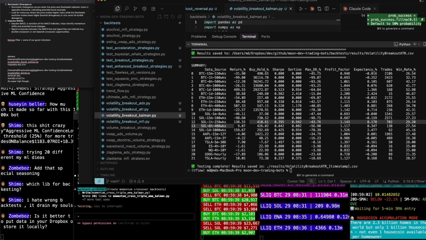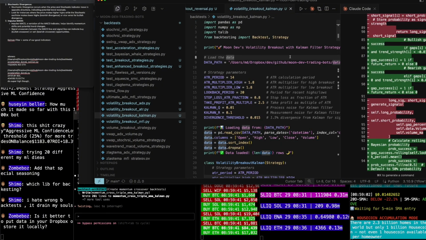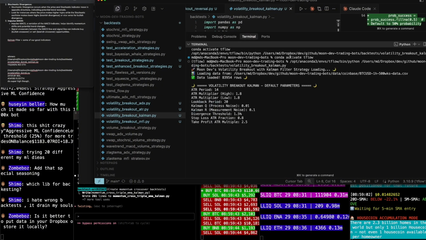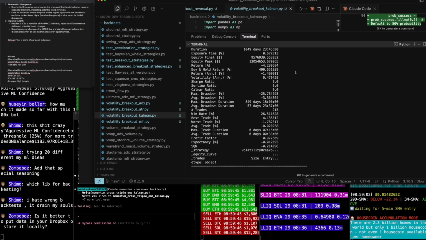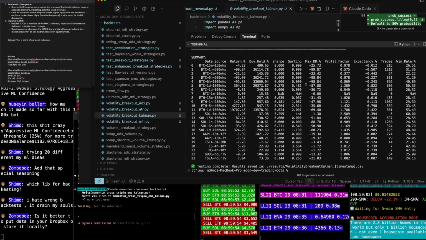See, I like testing all these data sources because it just gives me a nice overview of how many data sets this strategy actually works on. The more the better, in my mind. Is that right? I don't know. Expectancy here, 2. ETH 1 day, okay.